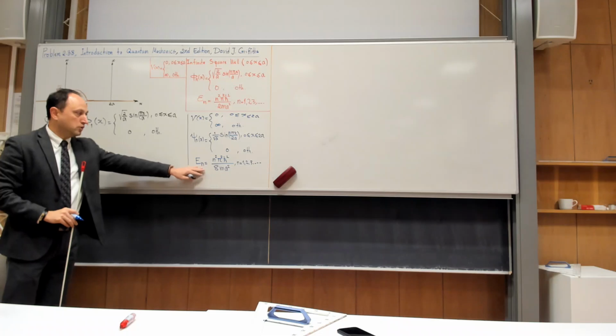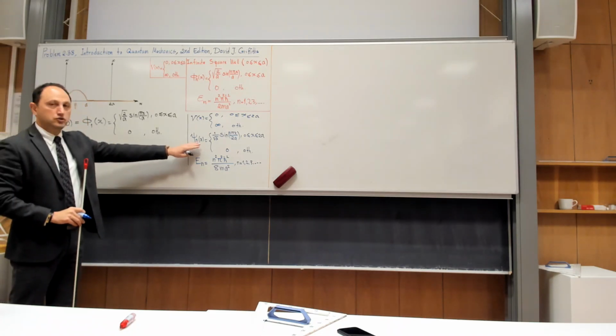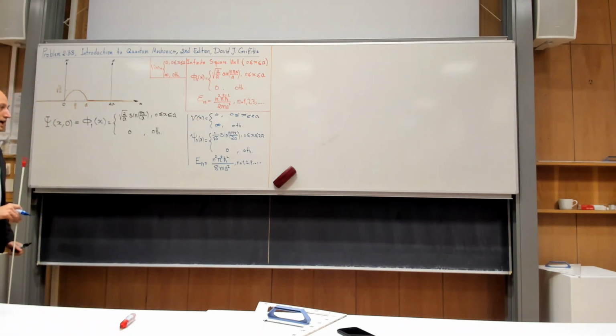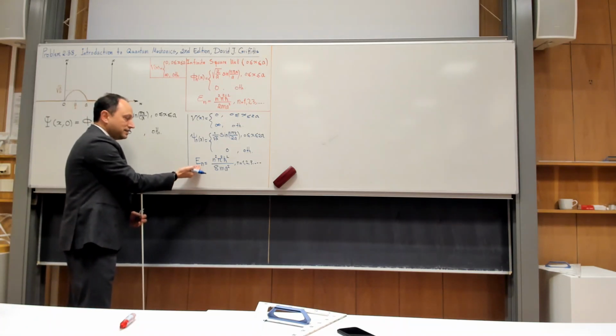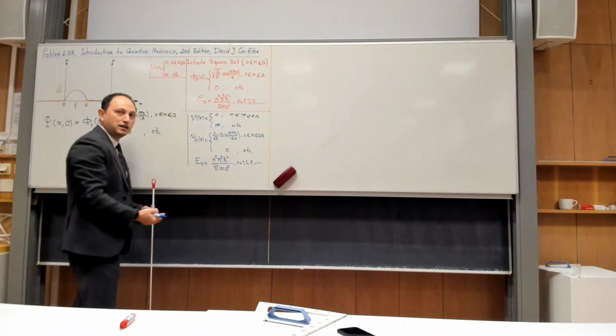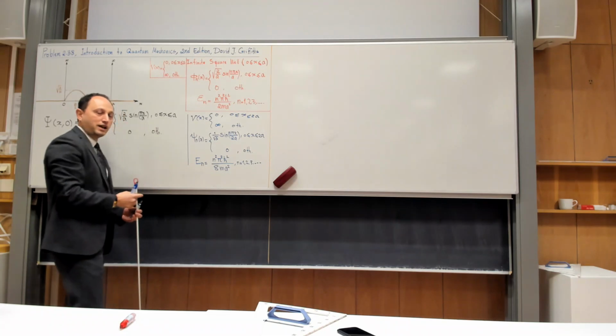I know all possible energies, and I know the solutions to the Schrödinger equation corresponding to this potential. What I want to calculate are the probabilities of getting these energies. So for each particular value of n, I need to know the probability of getting that particular value for energy.